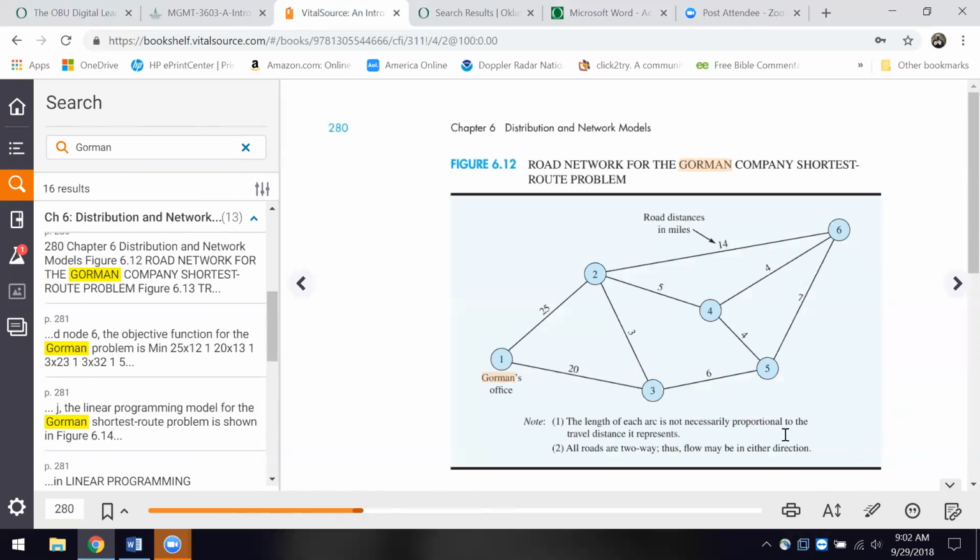And they give some qualifiers here, and it says all roads are two-way, so all nodes are choice, so we can have stuff that flows back and forth. You might ask, why would it be like that? Well, it's very simple.